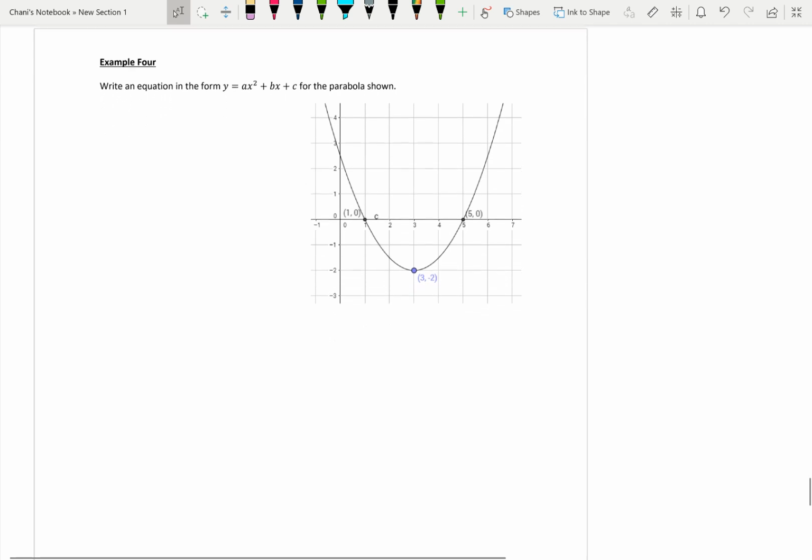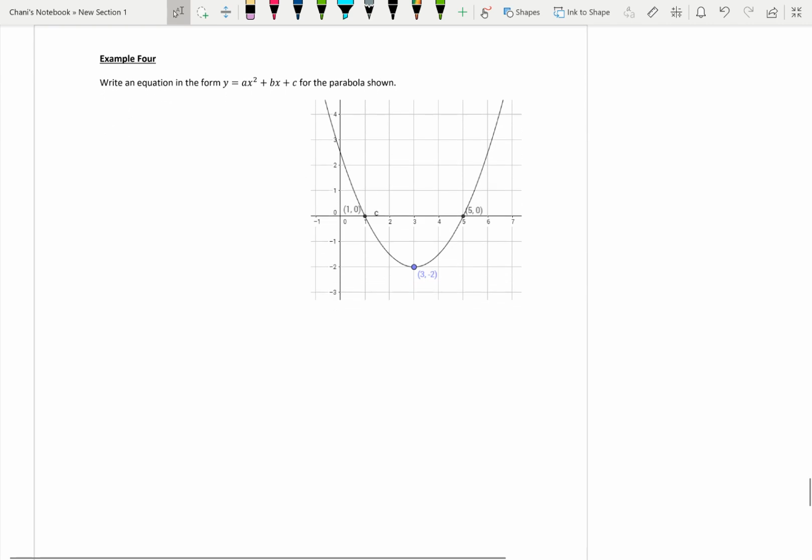Final question here. We're given a parabola, and notice that they want us to write the equation in standard form. So what we have to do first is find the equation in factored or vertex form, and then we convert to standard.